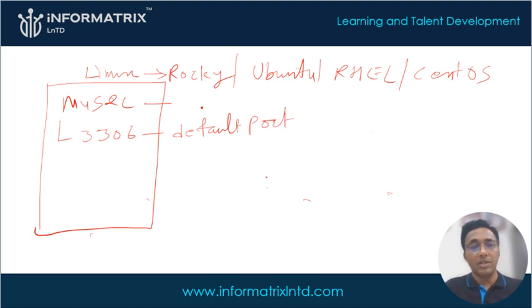When we install the MySQL service on Linux, usually this is the main configuration file, my.cnf, in which we can configure different parameters of MySQL, for example the port, the IP address on which you want to listen, user, group, etc. So this file is responsible for defining the main configurations of MySQL. There are different sets of parameters which we can set.